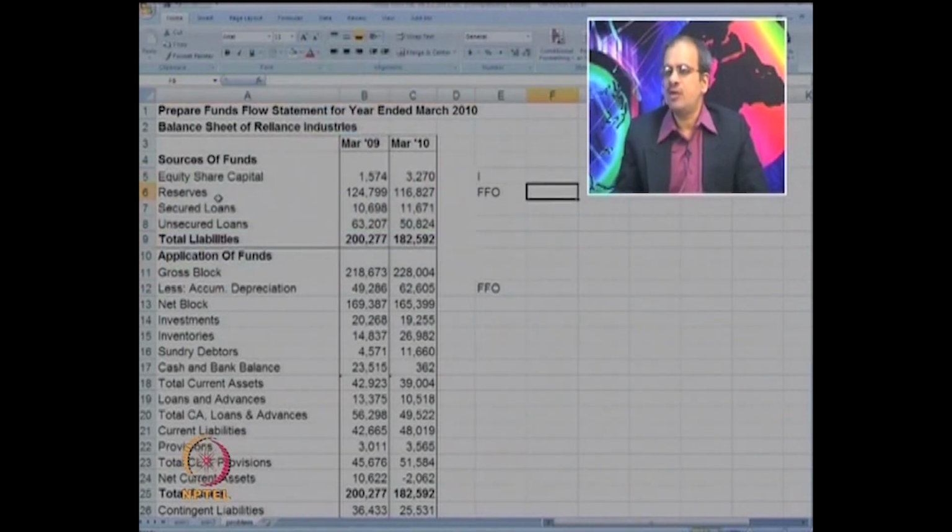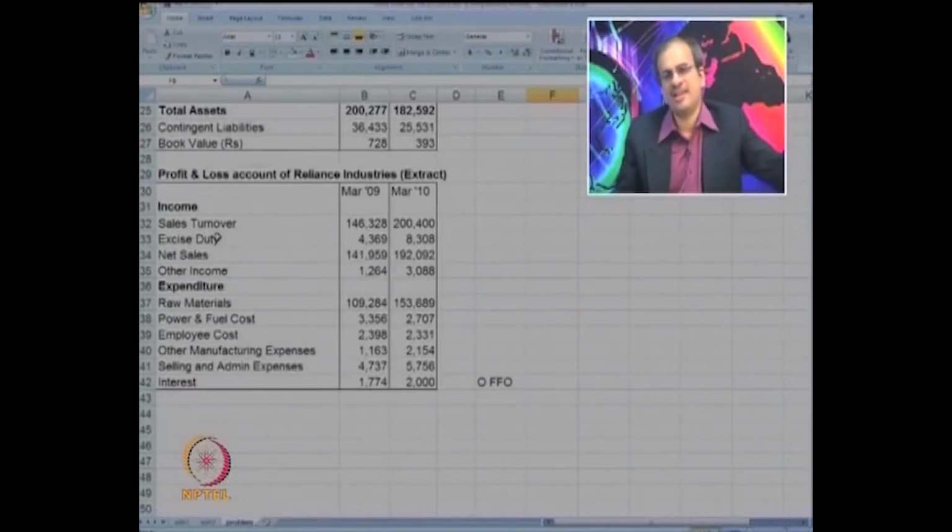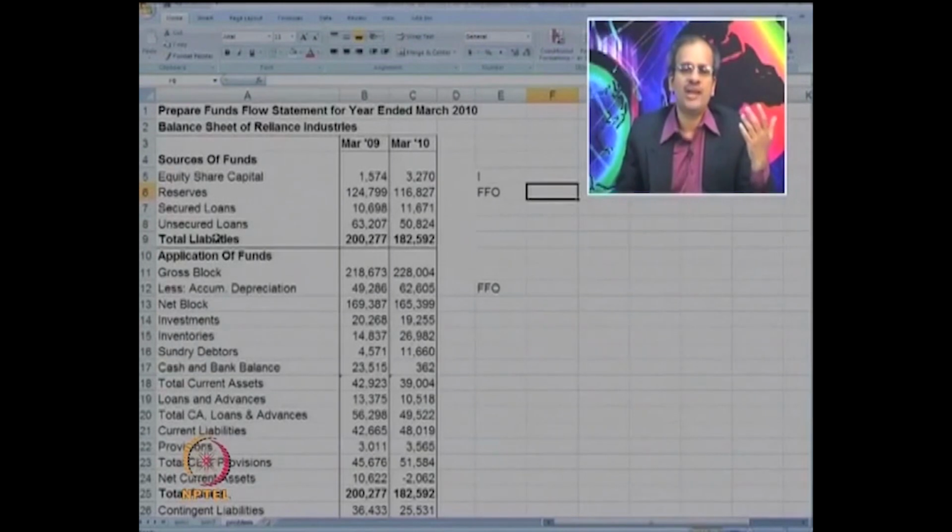Okay. Now, it starts with sources, applications and some extract of P&L is also given. Now, when you try to solve fund flow statement, you do not have to mark items as OIF because there is no categorization. What we will do is, we will simply mark the items as inflows or outflows, and if any item has an impact on fund from operation or item has an impact on working capital, those are required to be separately marked.